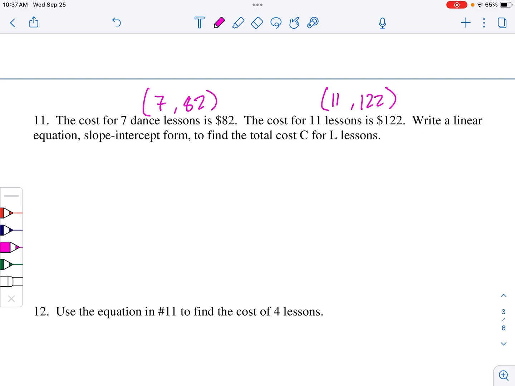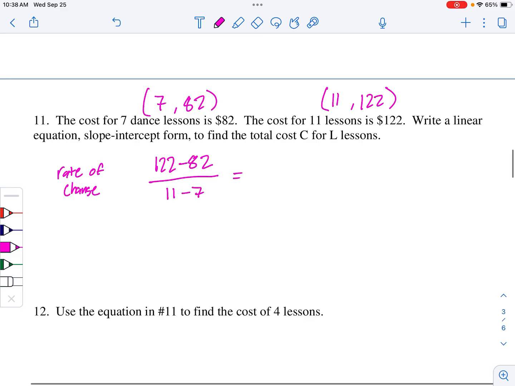If you think of these as ordered pairs, to find our rate of change, which is just our slope, we subtract $122 and $82 to figure out that difference. And then that's for 4 lessons, and we're getting a 4 from 11 minus 7. So what we have here is, for an increase of 4 lessons, the cost is going up $40.